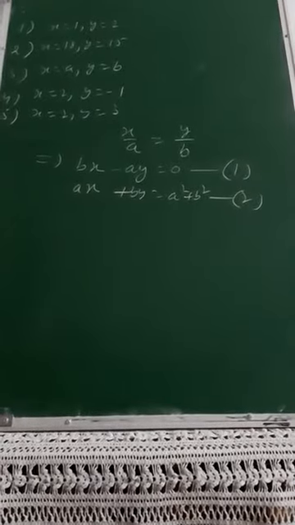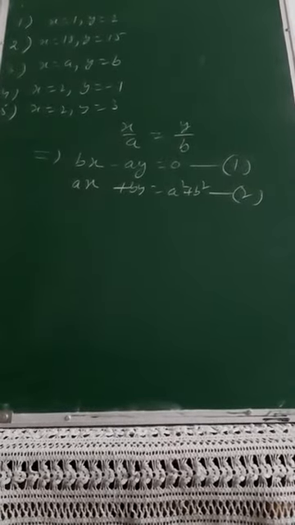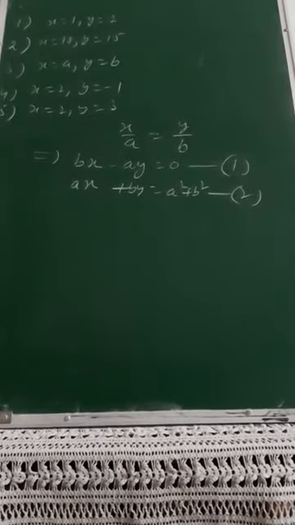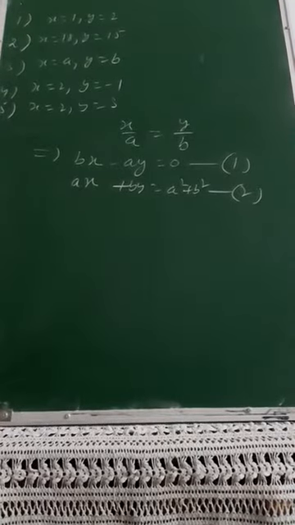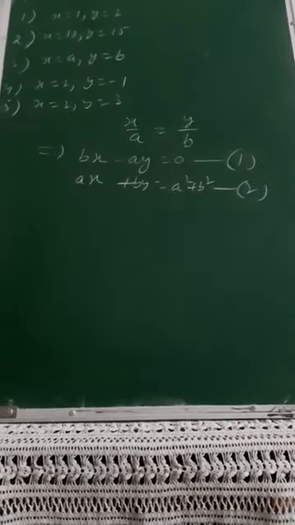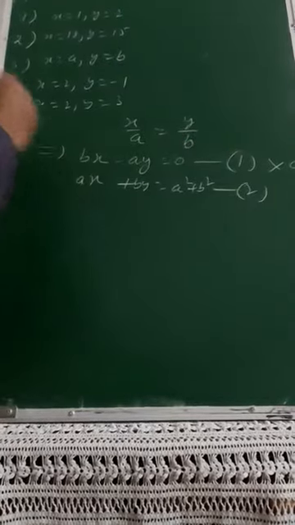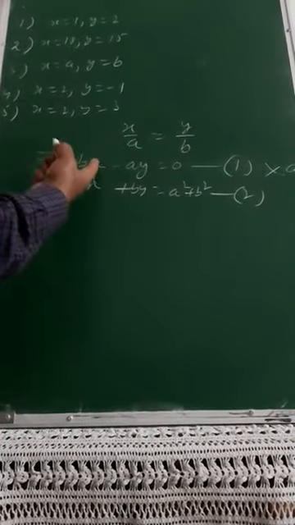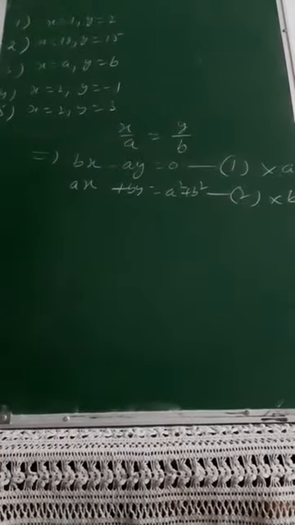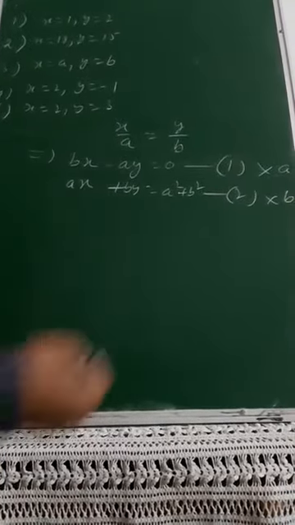Either you try it by substitution method, that I will leave to you only. As I said, every time I will prefer the elimination method. Why? Again, my request to you, suppose I want to eliminate x here, so the coefficient of x in the second equation is a, I will multiply equation number 1 by a. The coefficient of x in the first equation is b, so I will multiply every term of the second equation by b. Then what happens?